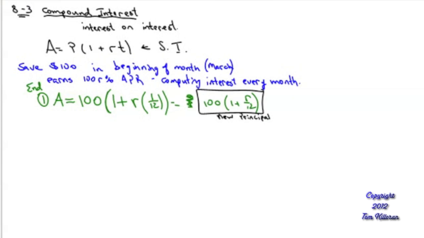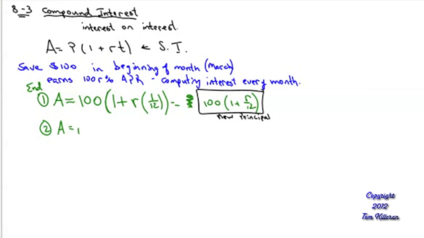My principal is not $100 anymore. It's $100 plus a little bit of interest. So when I come down to month 2, the end of April, I'm going to go A equals, now my P is not 100 anymore. My P is what's in the black box.